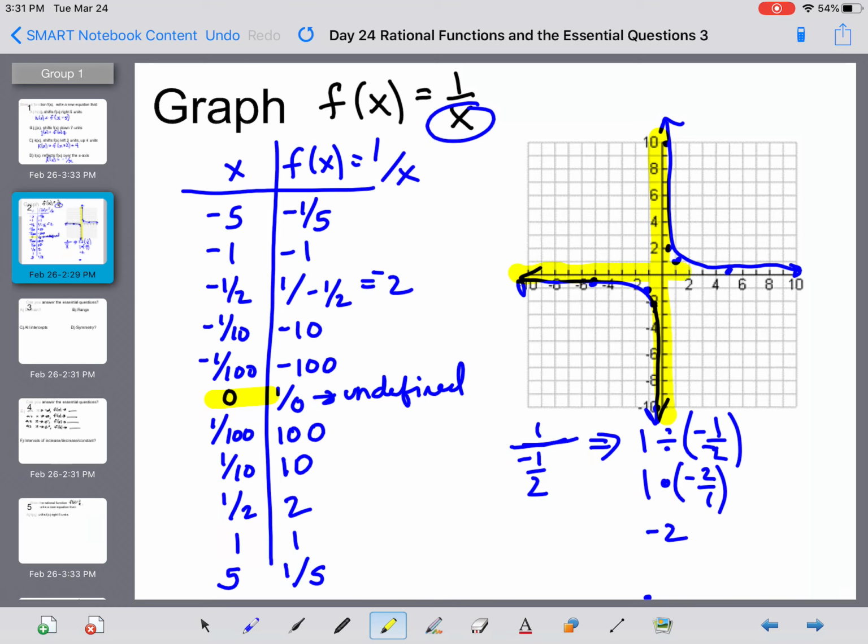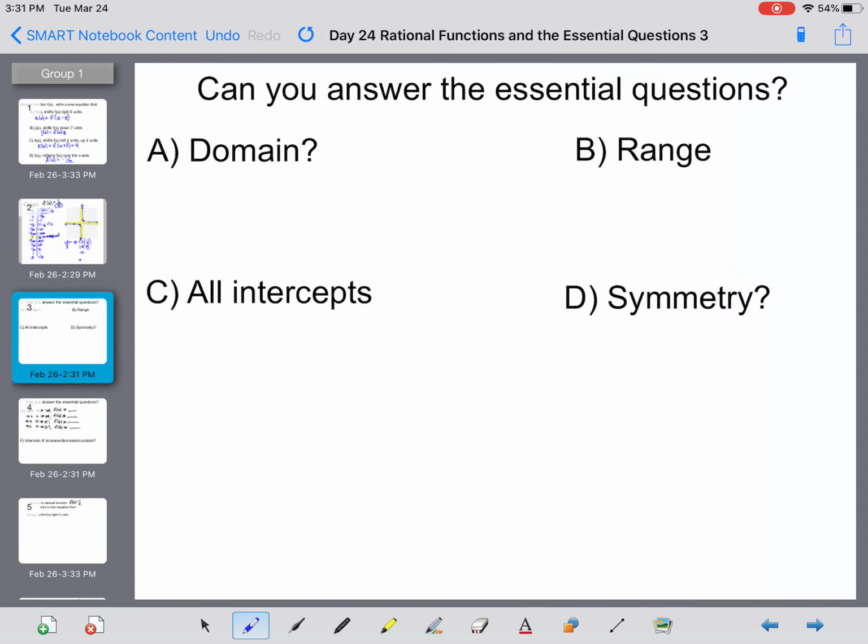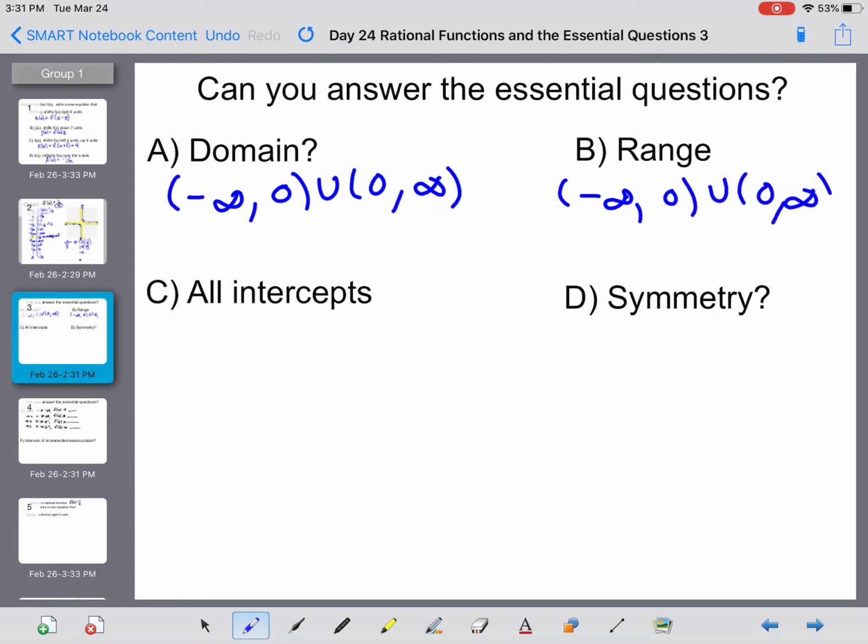Notice my y values get really, really close to 0 here. I'm using the highlighter here just to indicate that I'm getting really close to these values, but I'm never actually touching. So my domain and range are actually going to be the same thing for this. The domain means my x values are everything but 0, and my range means my y values are everything but 0.